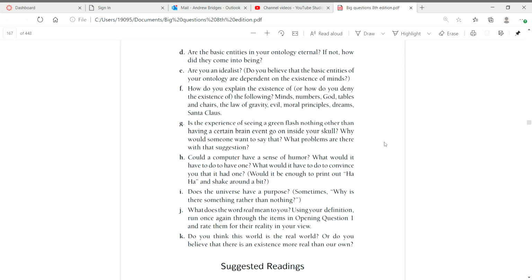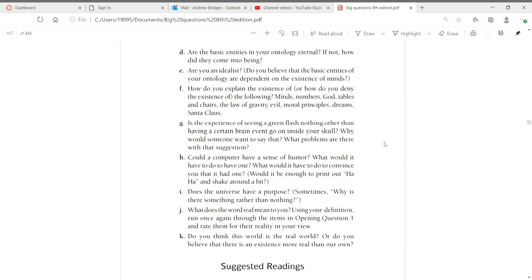K, do you think this world is the real world, or do you believe that there is an existence more real than our own? A lot of people, one example might be the afterlife. If there's an afterlife, that might be more real or more important than this world, or of equal importance.